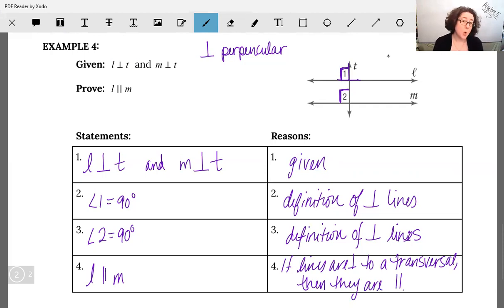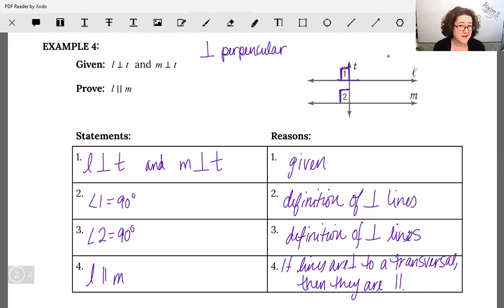And again, this isn't the only way we could have done this proof. We could have said also, any special angle pairs do you think are popping out at you? So I could have said, well, if angle 1 and angle 2 are congruent, and I would probably need to do an extra step, then my corresponding angles are congruent and therefore my lines are parallel.